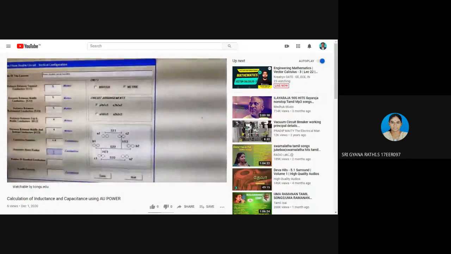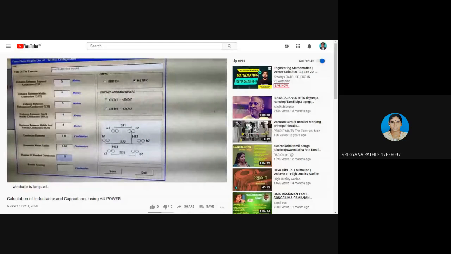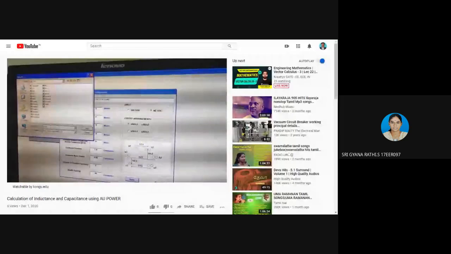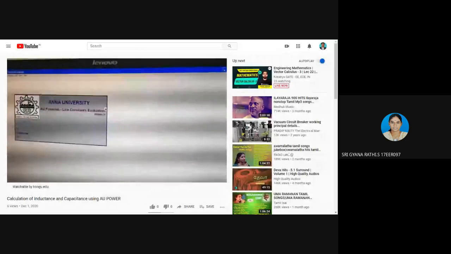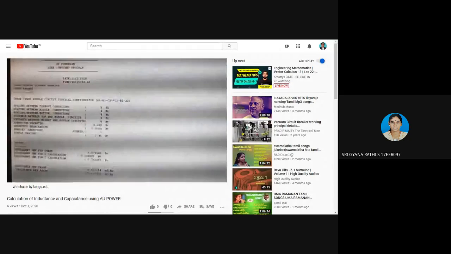Here you have to substitute the value of Ds, what you have calculated, which is 0.66. The number of bundle conductors is 2, spacing 45. Another name, run, view output. So you will have the output.